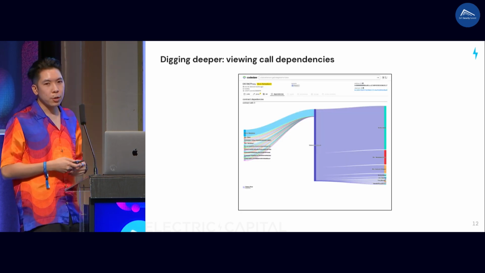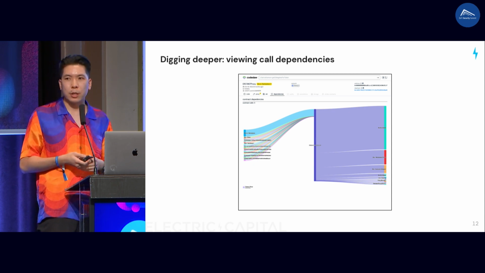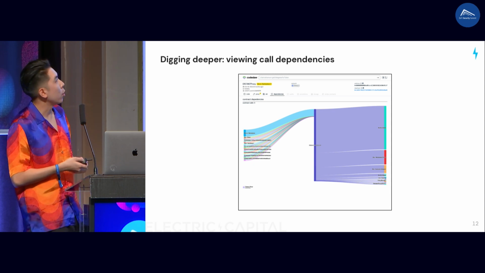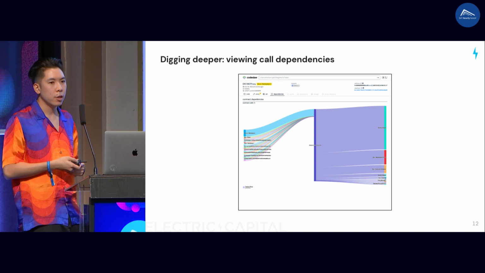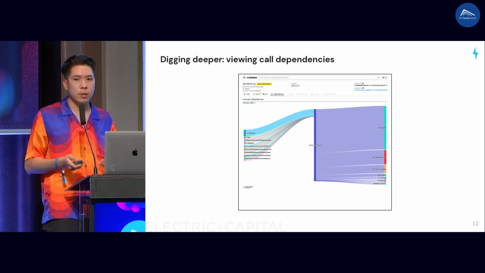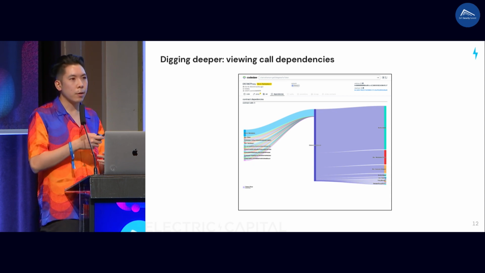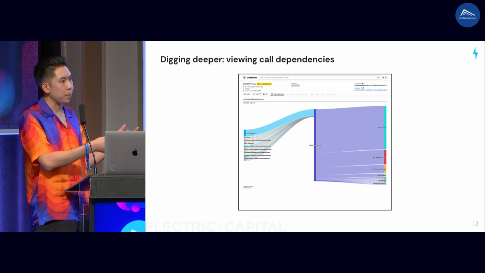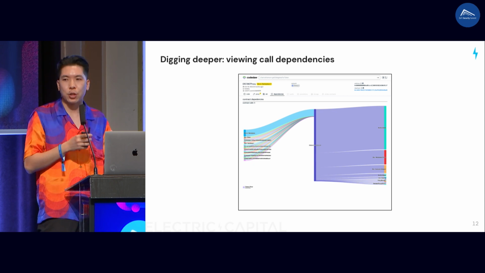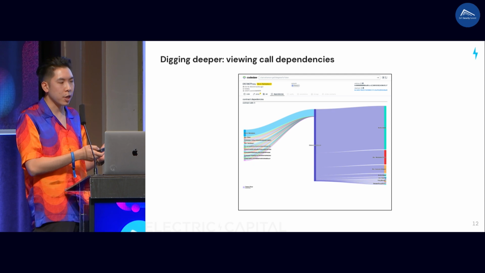And so after you find your contracts of interest, we also have some features which help you dig into the information about it. This one right here is a chart showing the call dependencies of a contract. A lot of protocols are multi-contract, and a user typically interacts with one contract, but how it works is that the contracts make a bunch of different calls to each other, and so you get this value flow and execution flow, which isn't immediately obvious if you're looking just at transactions.